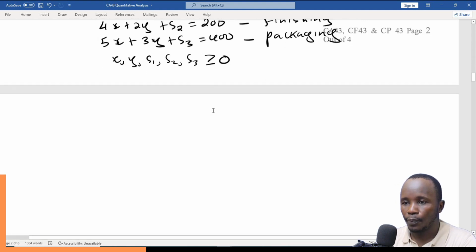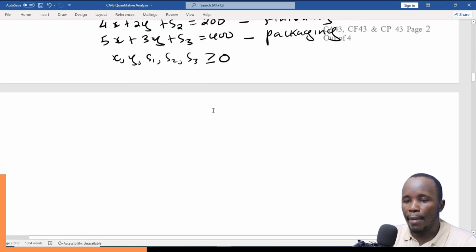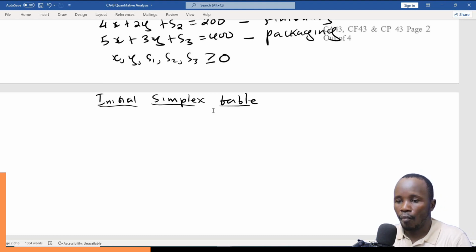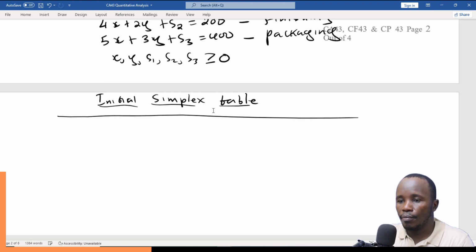Now, we need to come up with our initial simplex table. Now, this is the format of this table.